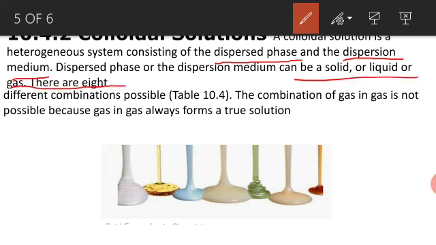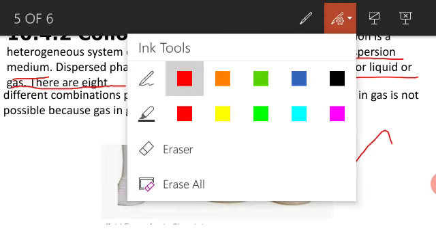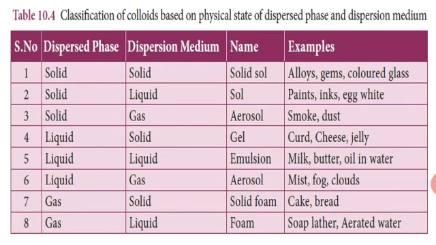or liquid. There are 8 different combinations possible. The combination of gas in gas is not possible because gas in gas always forms true solutions. This is the colloidal form of solutions. Next, the classification of colloids based on physical state of dispersed phase and dispersion medium.